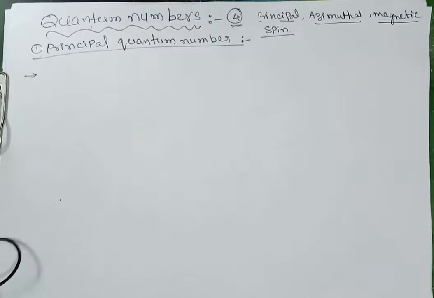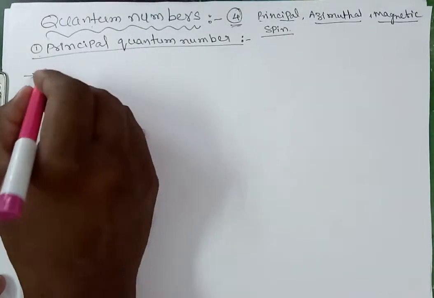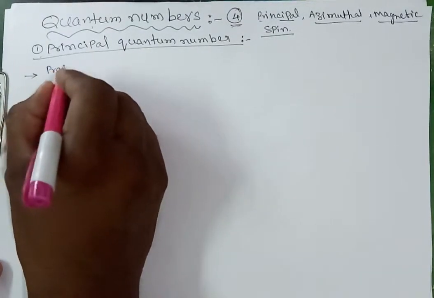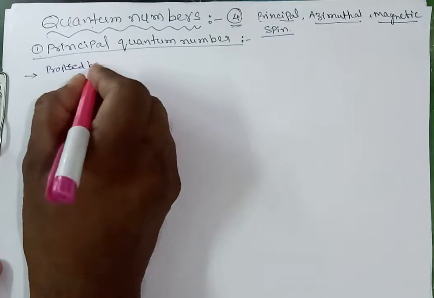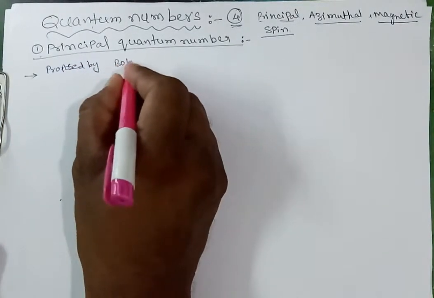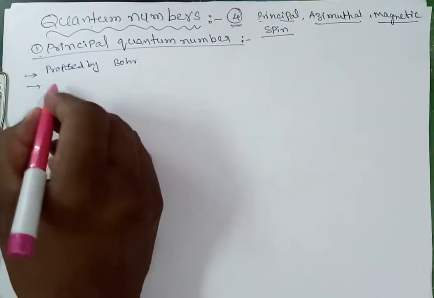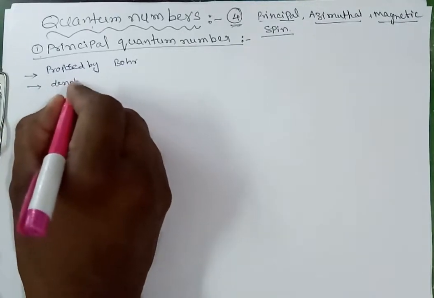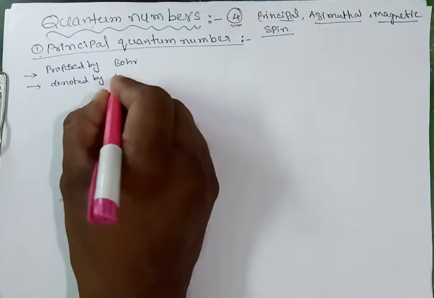First of all, the principal quantum number. The principal quantum number was proposed by Niels Bohr and it is denoted by small n.